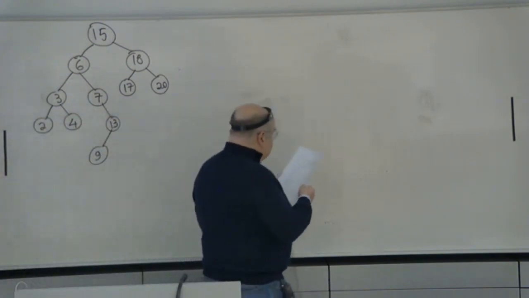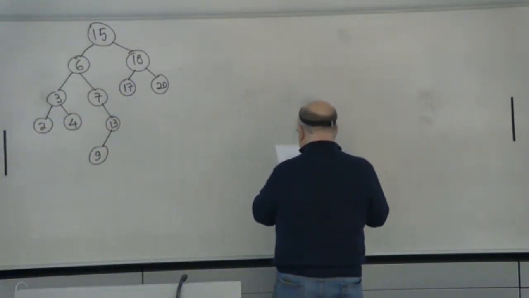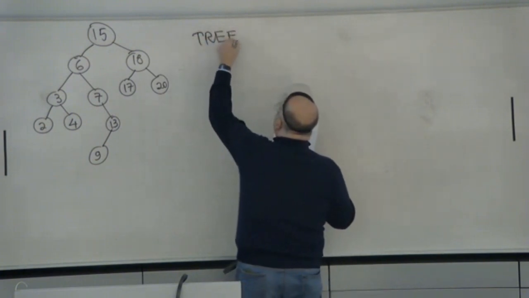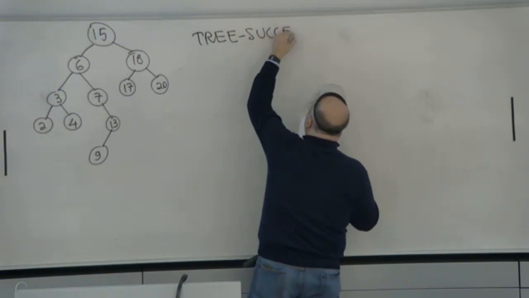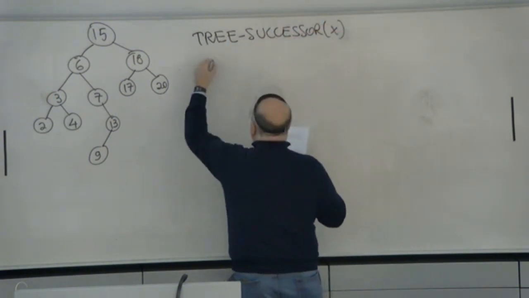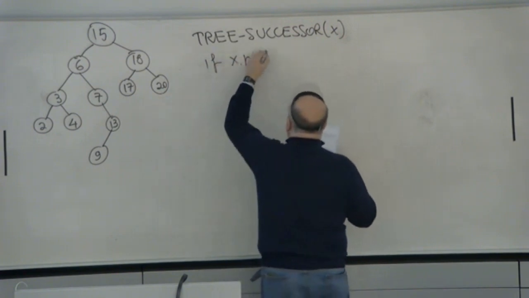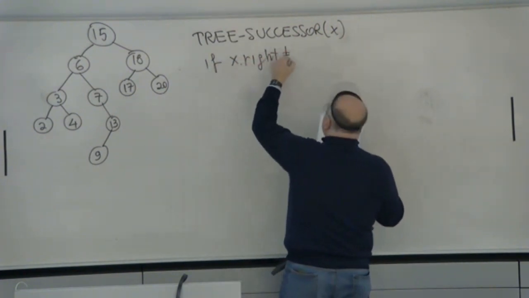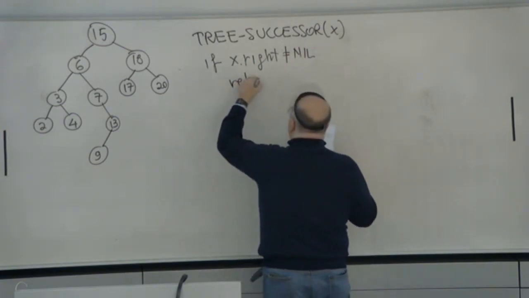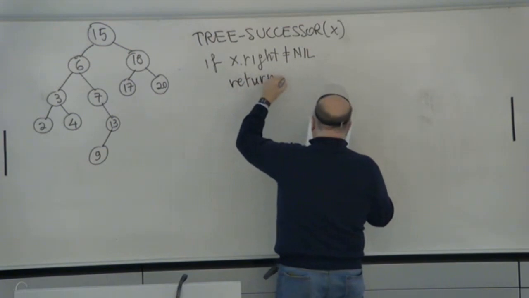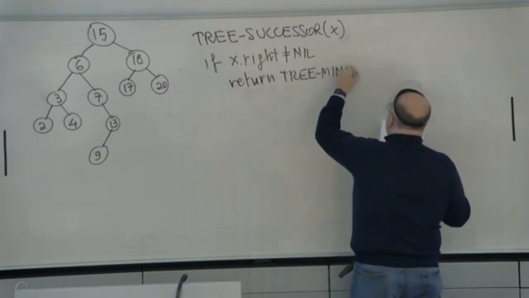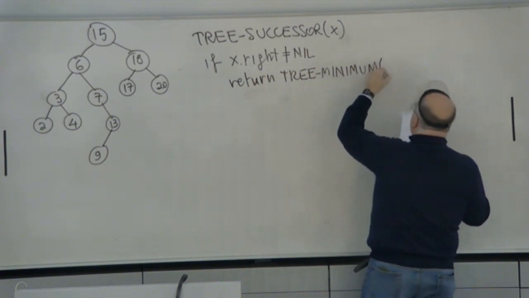So this is the procedure tree successor of X. If X right is not null, then we return tree minimum of X right.